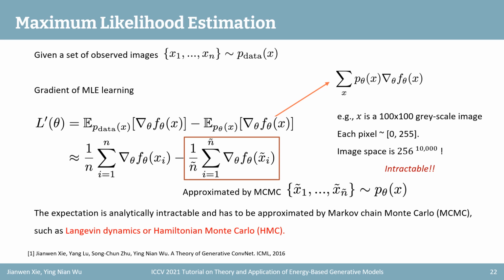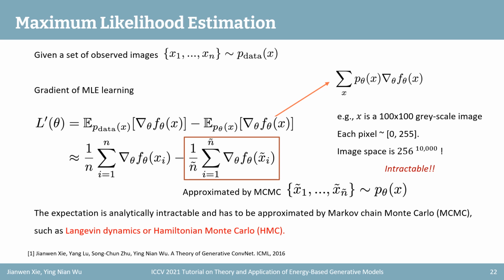The expectation term is intractable because x is high-dimensional. Consider x is a 100 by 100 grayscale image, and each pixel can take a value from 0 to 255. The image space is too big to do summation over x for computing the expectation according to the definition.